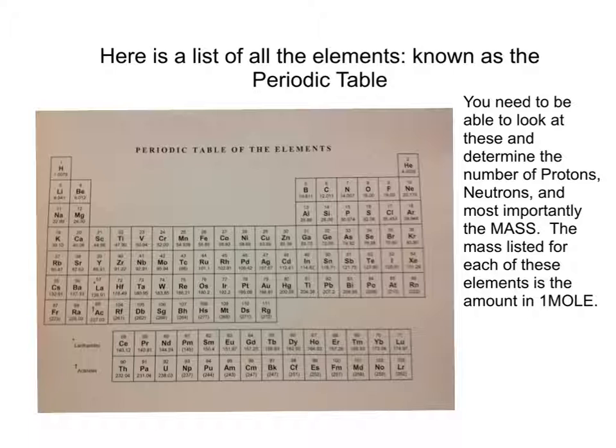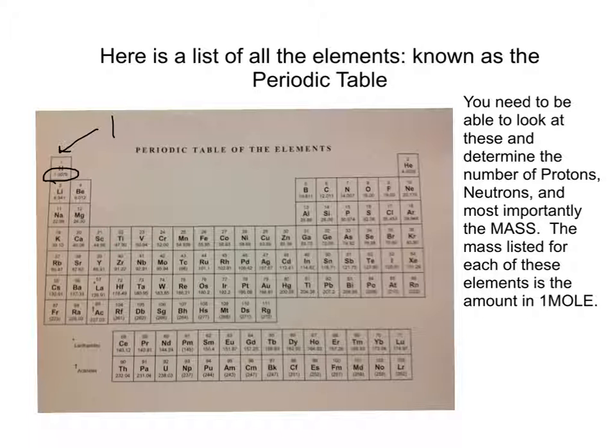Now here's the periodic table that we use in class on all our tests, so you will see this a lot. As you can see on each one of these, at the top is the atomic number. Here for hydrogen, the atomic number is 1, so that means it has 1 proton and 1 electron. Since its mass is also 1, that means it has 0 neutrons.